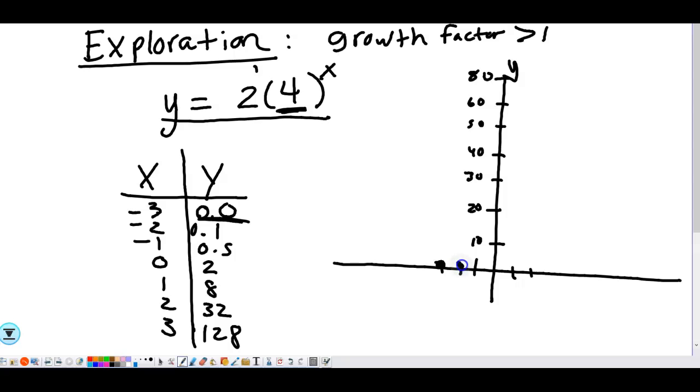No, not to our eyes. If this is 10, 1 would be like here. 0.1 is going to be barely even visible, right? All right, so let's do the next one. -1 and 0.5. I guess you're feeling generous. You can go a little higher. But once again, if this is 10, then 1 is going to be right here. So 0.5 would be right in the middle there. So it's very slow growing. All right, the next one. What's the next one? 2. So maybe like here. Oh my goodness. Whoa. Interesting.